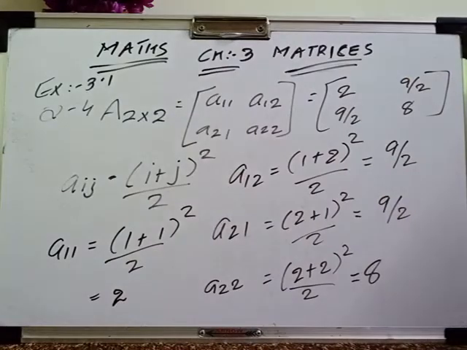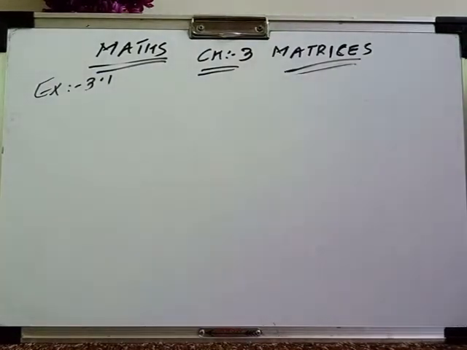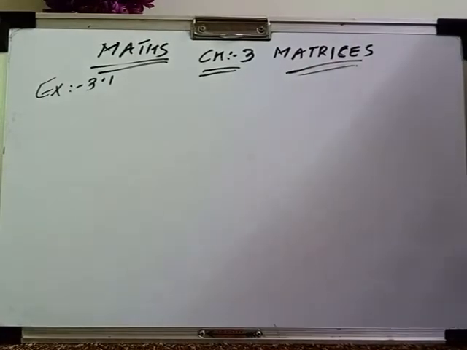You can try the second and third parts of this main question 4, where a different formula for Aij is given and you need to find a 2 cross 2 matrix related to those formulas. Let's try to understand the fifth question, where we are asked to again construct a 3 cross 4 matrix.